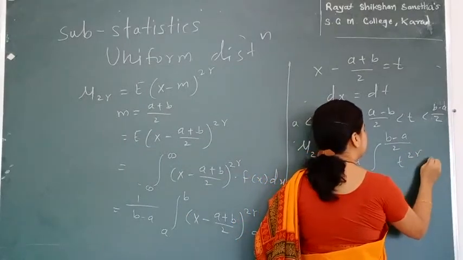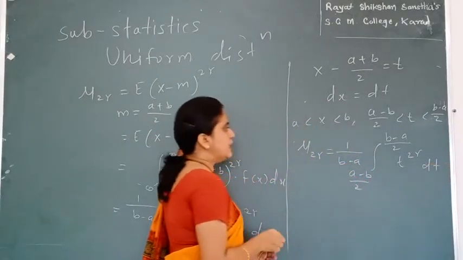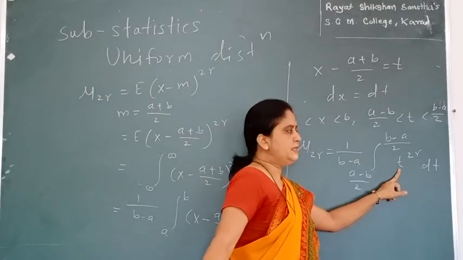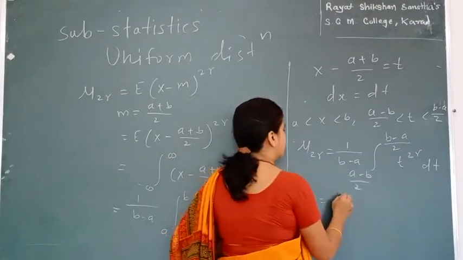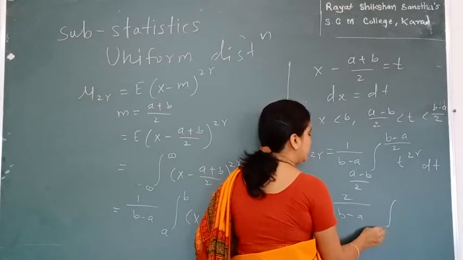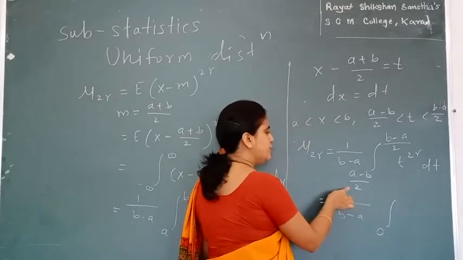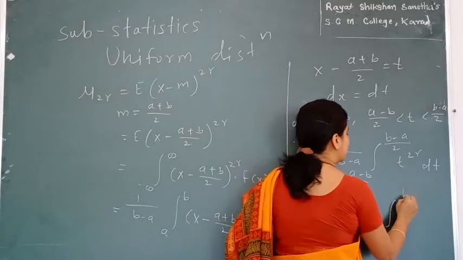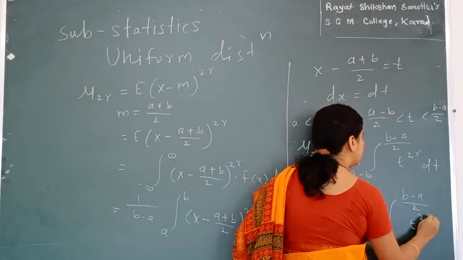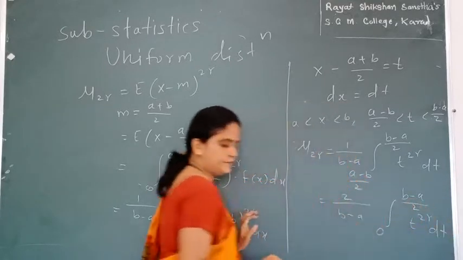Since we see that the integral is an even function of t, we get this integral as 2 divided by b minus a, and the lower range becomes now 0 since the integral is an even function of t. We can put this as 0 to b minus a by 2, t raised to 2r dt.